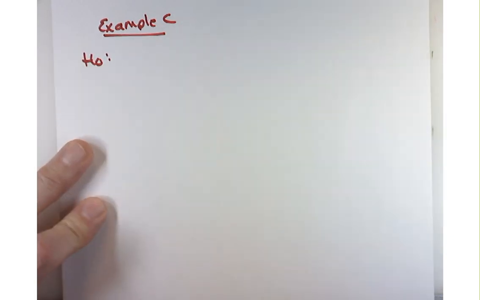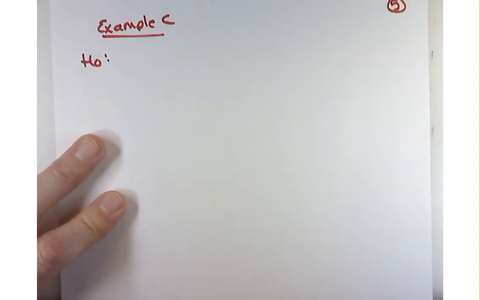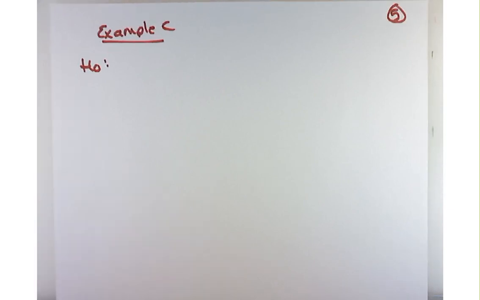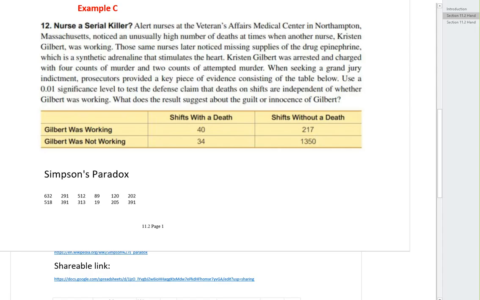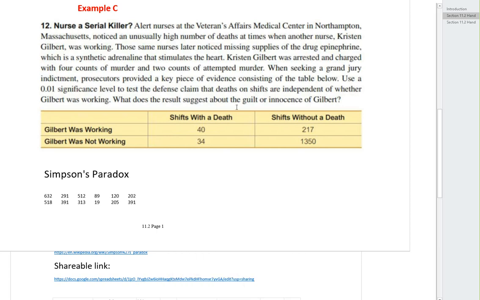What should I write for the null hypothesis? H0. Johnny, you want to give that one a shot? Let me flip back to the problem here. What can you write there? Victoria? Gilbert working or not working is independent from the number of deaths during a shift. Okay, all right.